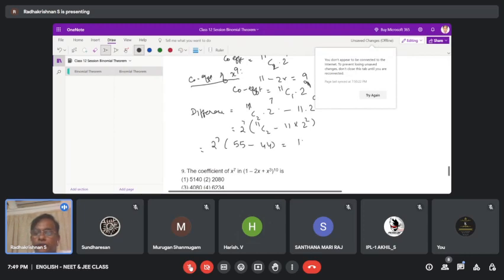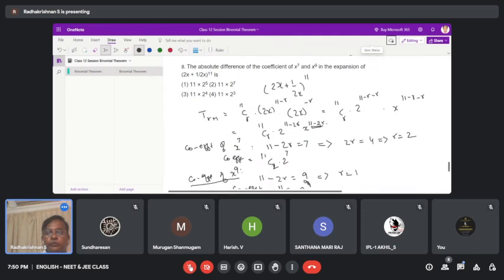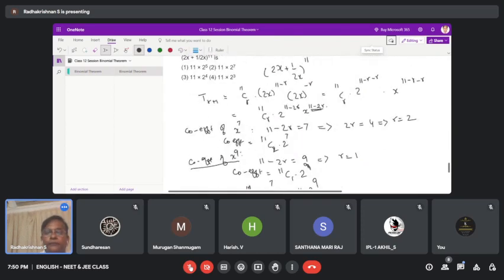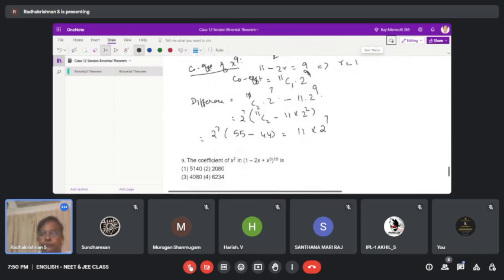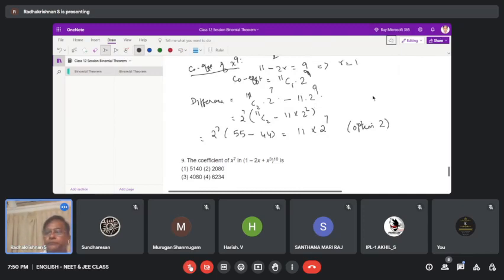So you get 11 into 2 power 7. So is there such an option? It is there, option 2, 11 into 2 power 7. Okay. You have to be a little careful, that's all. Okay.